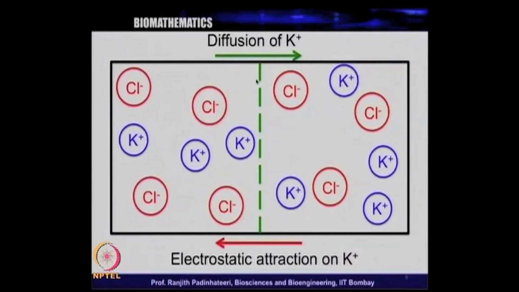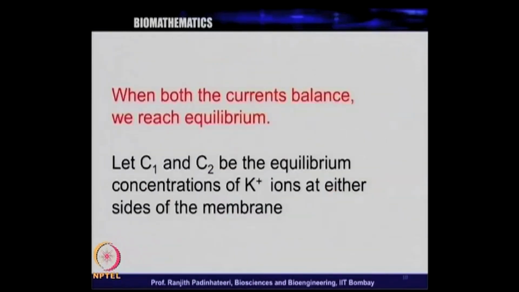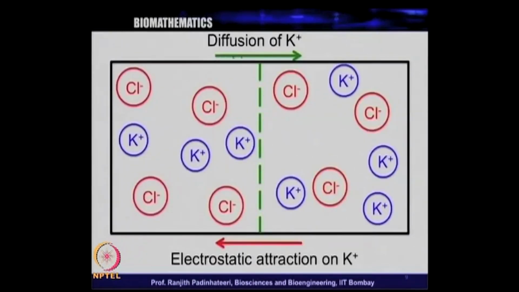So, when both these flows balance, that means the flow this way is equal to the flow this way, or the total flow is 0. When the flow is equal, the total flow is 0, because it is flowing this way and flowing that way.